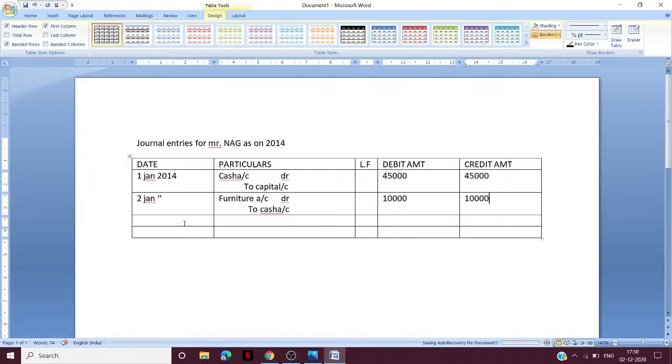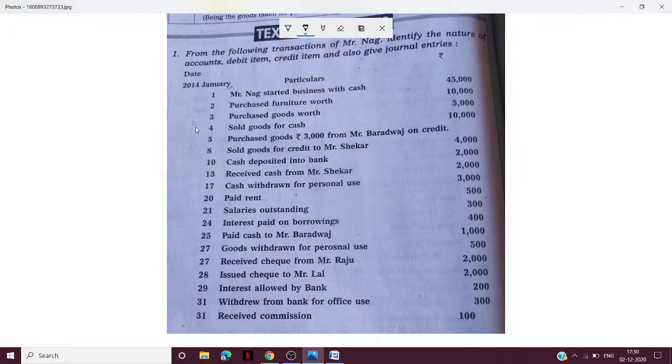And the third transaction they have given is, on third they have again purchased goods. Here they did not mention specifically we purchased machinery or furniture. They directly gave only purchased goods.